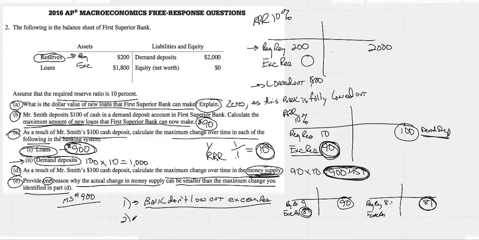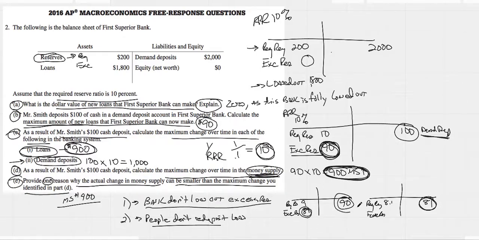The second reason, if you ever had to have a second reason: what if people don't redeposit? If they don't redeposit their loan, think about that, right? If I take out a $90 loan from First Superior Bank, but then I just take the money home and stick it into a jar, if I don't redeposit that money into another bank, you can't get that money expansion, right?